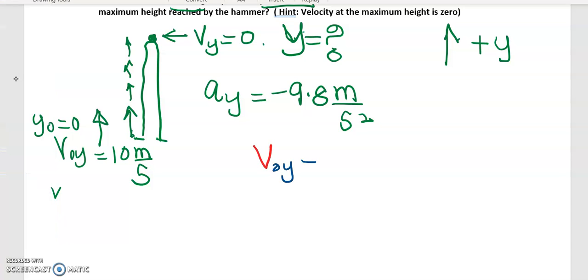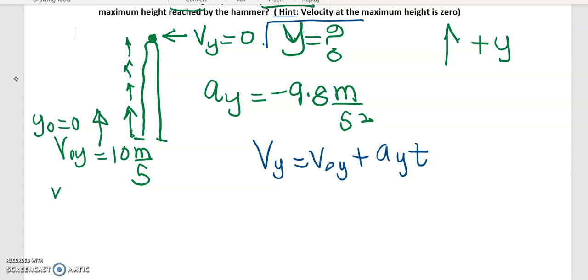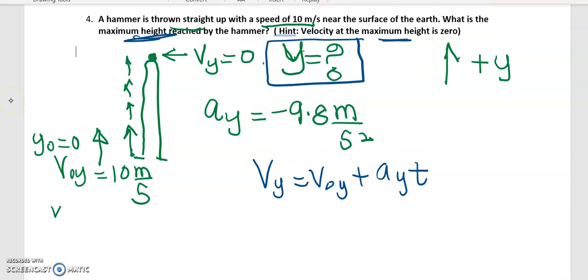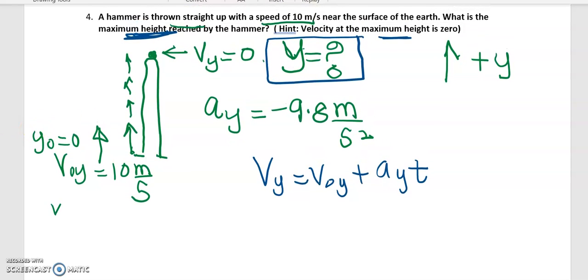I have no idea which one to use, so I'm going to just start from the first one. Vy is equal to v naught y plus acceleration times time. What I'm trying to solve for is the final y position, maximum height. Velocity at the maximum height is 0, but the maximum height we need to solve for.